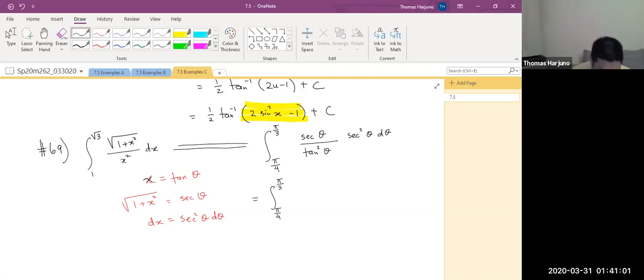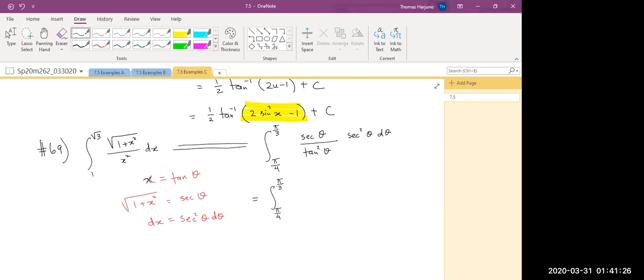Any good plan? Do we do the substitution? We have an extra secant theta, so I want to say it has to do something with tangents.